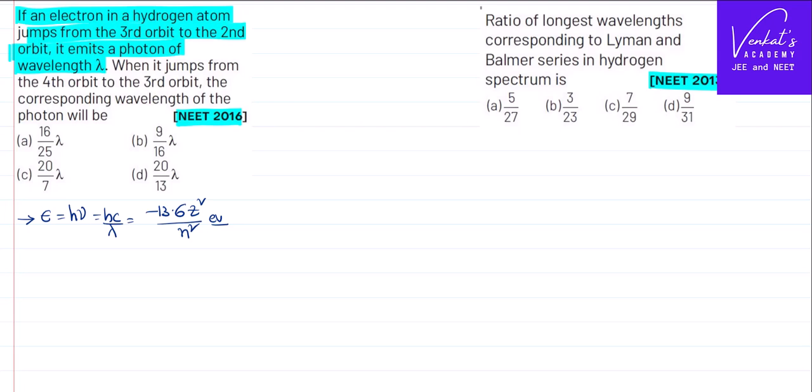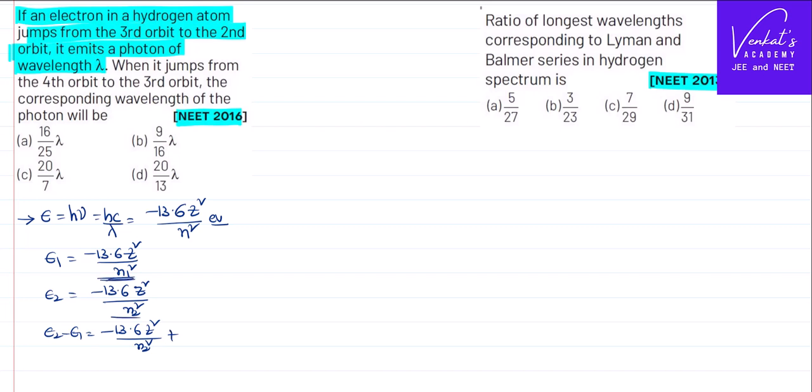So when the electron is in the first orbit, say E1, it is minus 13.6 Z square by n1 square. When it jumps from that orbit to another orbit of n2 square, the energy is E2, minus 13.6 Z square by n2 square, minus this E1.